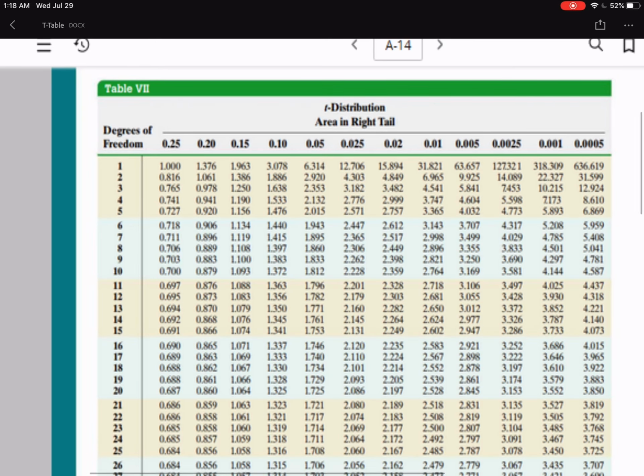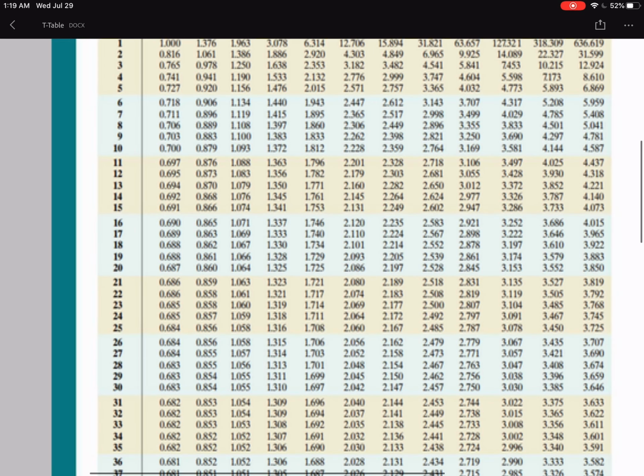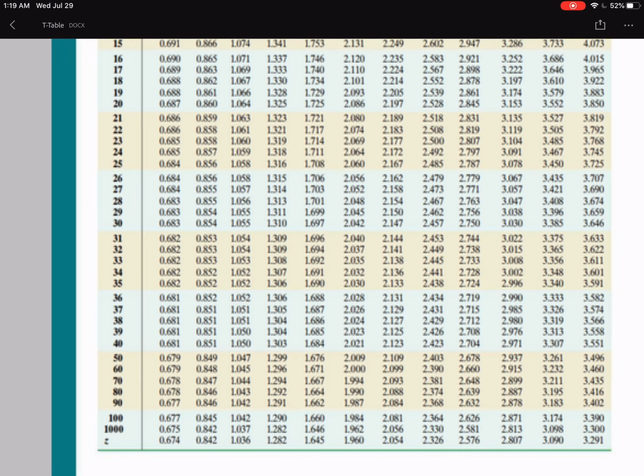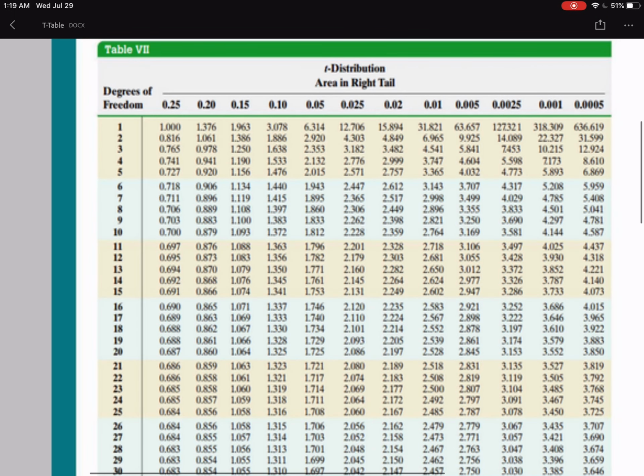We've got degrees of freedom over here, and we've got the area in the rectangle, 0.01, and the t-score. But we can tell that the probability will be greater than 0.5.